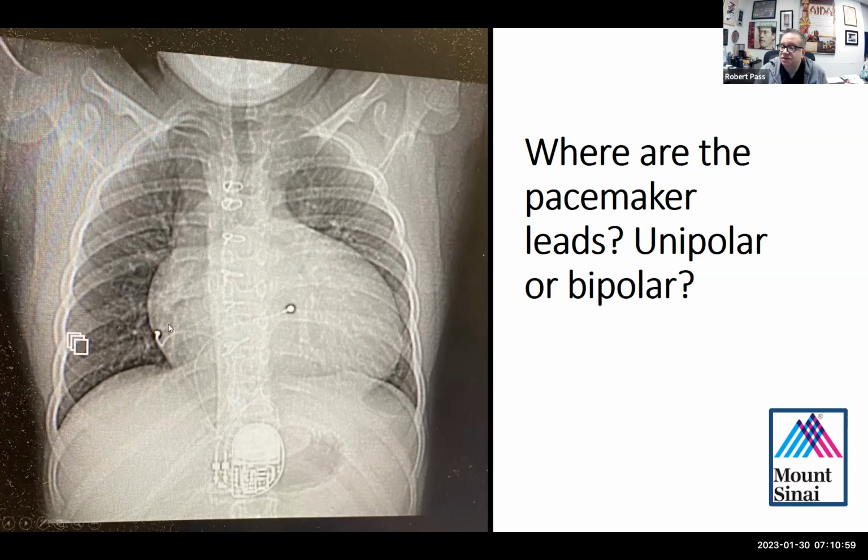You often get a lot of far field electrical activity in a unipolar lead versus a bipolar. If you imagine that this, instead of being unipolar, is bipolar, and there are two poles here, then you're sensing directly and only from the area of the ventricle where it's attached. Whereas in this case, you're sensing between cathode and anode.